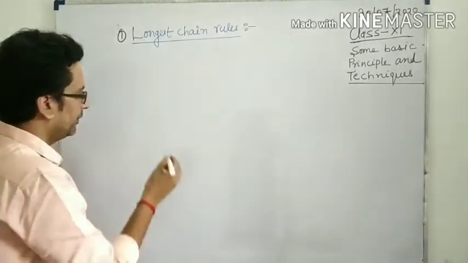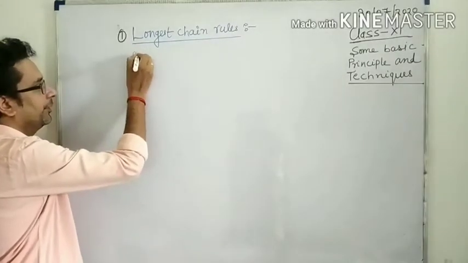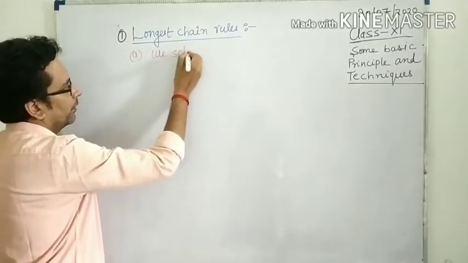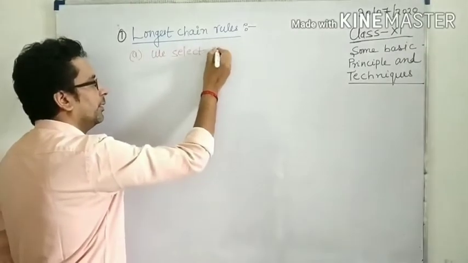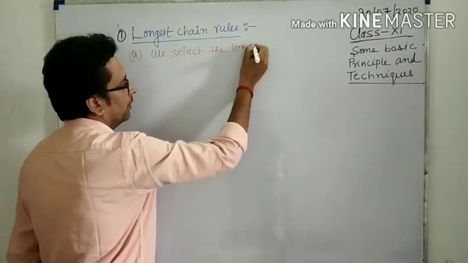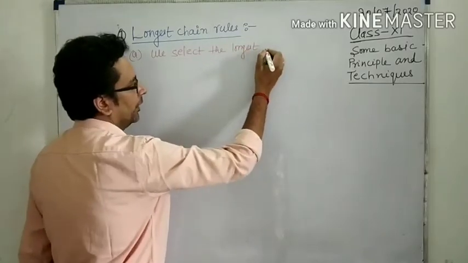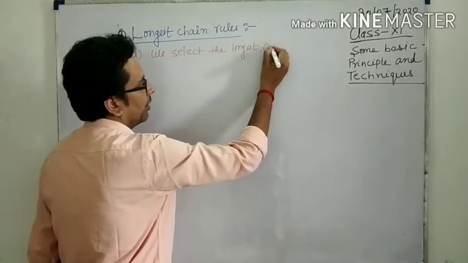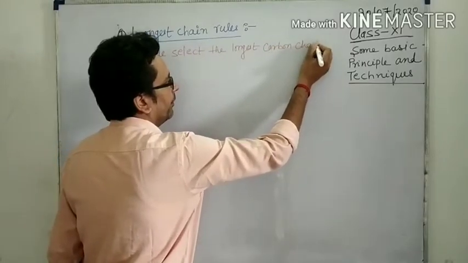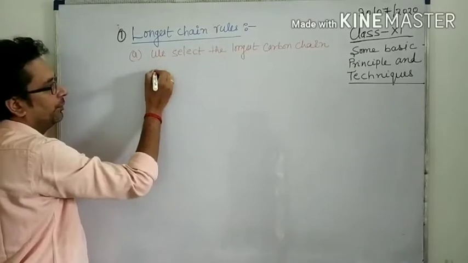The first point is we select the longest carbon chain in the compound.